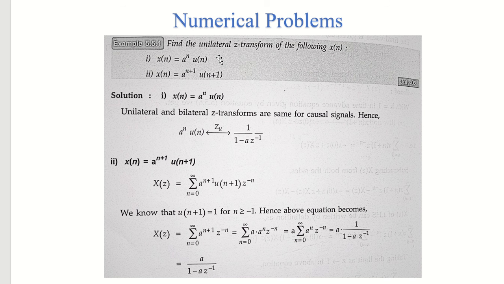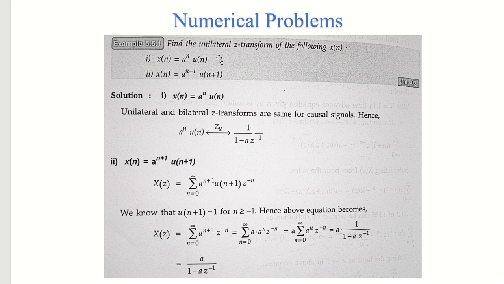How do I know both of these signals are causal signals? See here, which signal is this? This is a unit step signal, and unit step signal always goes from 0 to infinity. And what do you call a signal which goes from 0 to infinity? A causal signal, right?